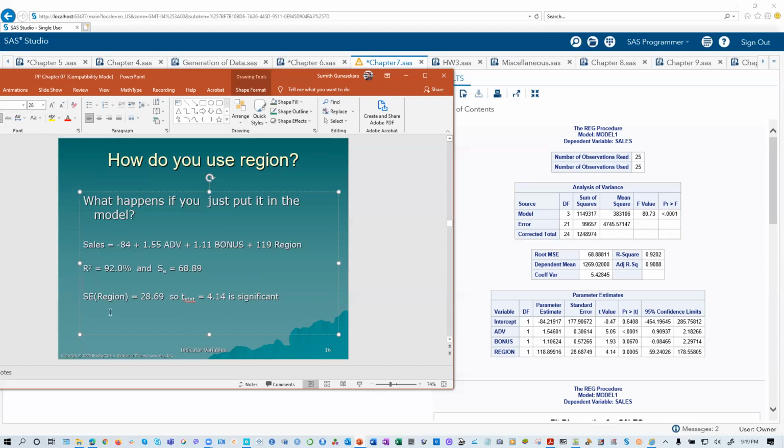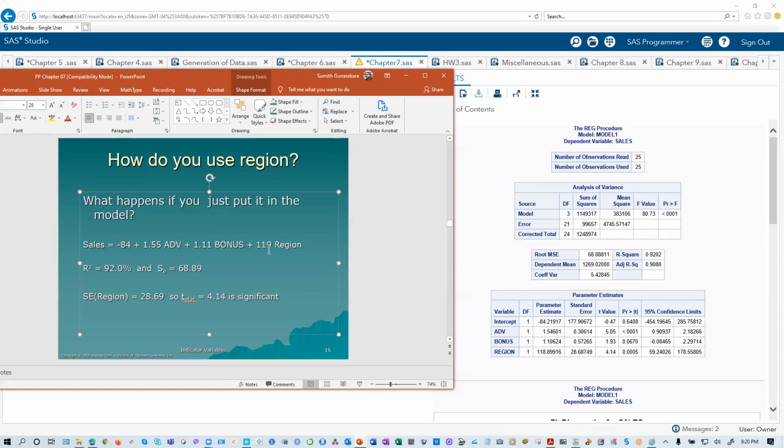On the other hand, for the region, it has a standard error, which is 28.69. See, that's the standard error for who? This standard error is for the beta. If you write beta node, beta 1, beta 2, beta 3, the beta 3 is being estimated, which is called B3. But B3 is not a fixed value.